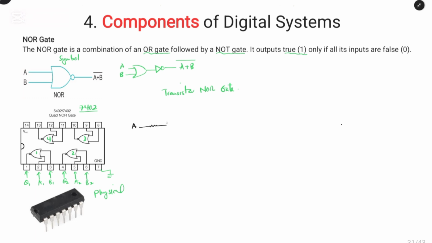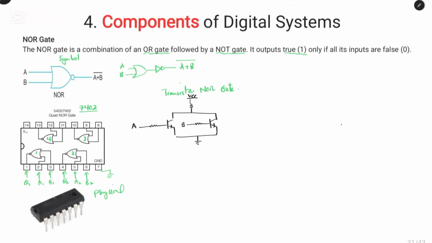We have input A to one NPN transistor, and we have input B connected to the second NPN transistor. And this is the VCC.